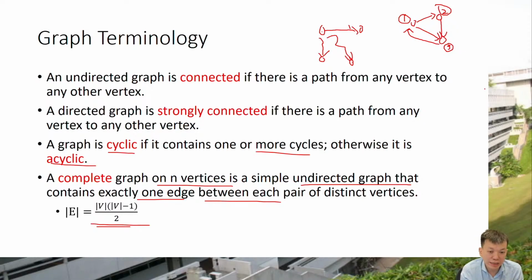Because the definition is, as long as I can find a path, it doesn't mean I need to directly reach the particular vertex. As long as you can find a path from A to B, who you visit in between is not important. You also don't have to directly reach that particular vertex. As long as there is a path.